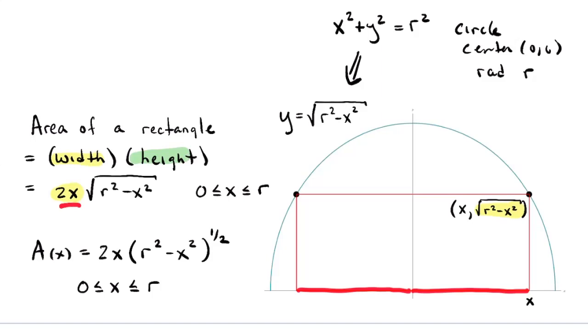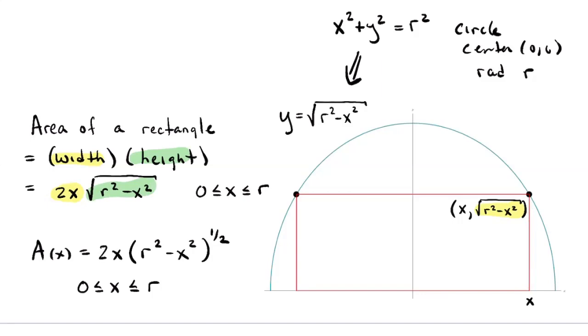So that's why I'm doubling it. The height of the rectangle is the y coordinate there in that picture, so the height is this square root term. Its height is how far you are from the x-axis. That's the y value, the square root of r squared minus x squared. So their product, 2x times that square root, is our area.